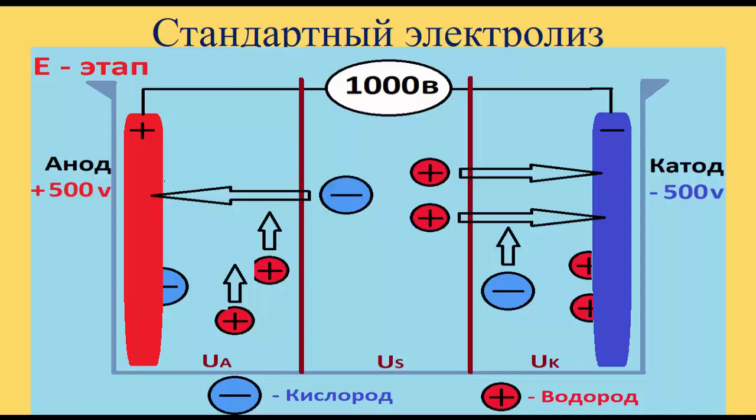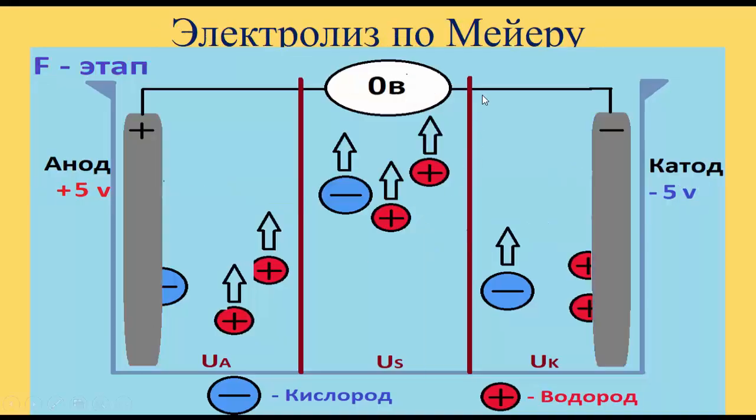Let's move on to the next slide, and this is Meyer electrolysis. When we have stage E after stage E, that is, the voltage is turned off. In step E, the molecule burst. And then in step F, if we turned off the voltage, respectively, the broken oxygen and hydrogens float to the surface.